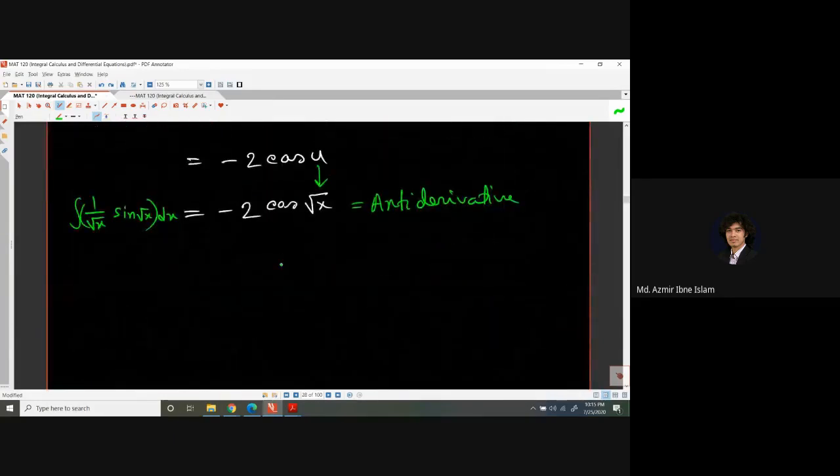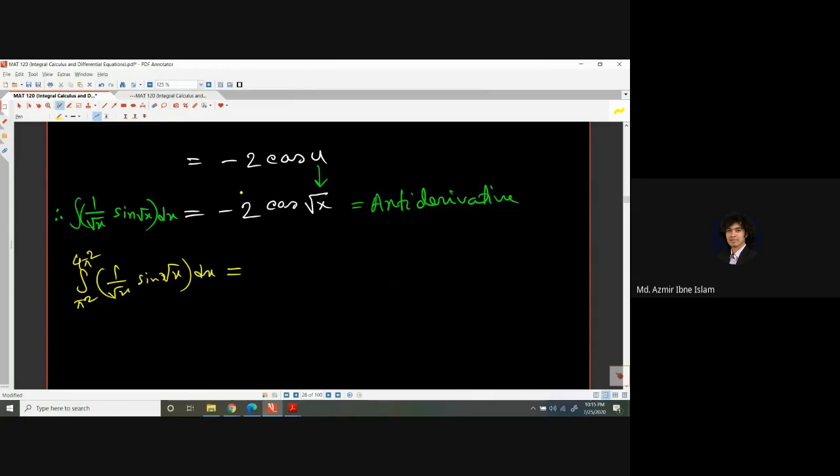At first we found the antiderivative for this indefinite integral. Now let's impose lower limit pi squared and upper limit 4 pi squared, and this is our antiderivative.